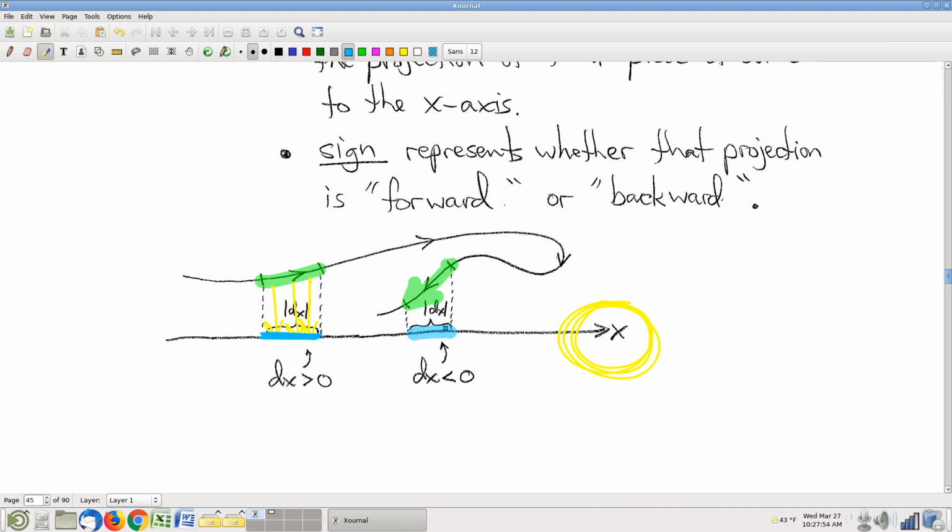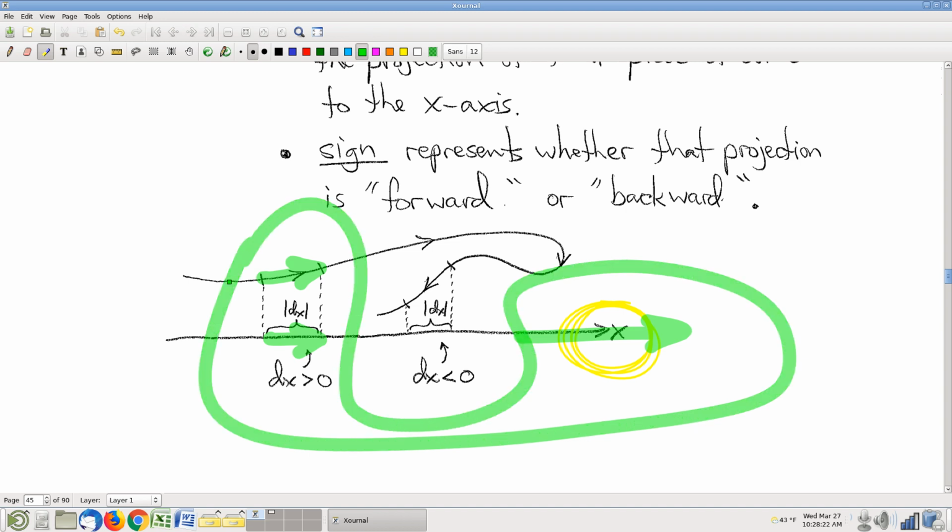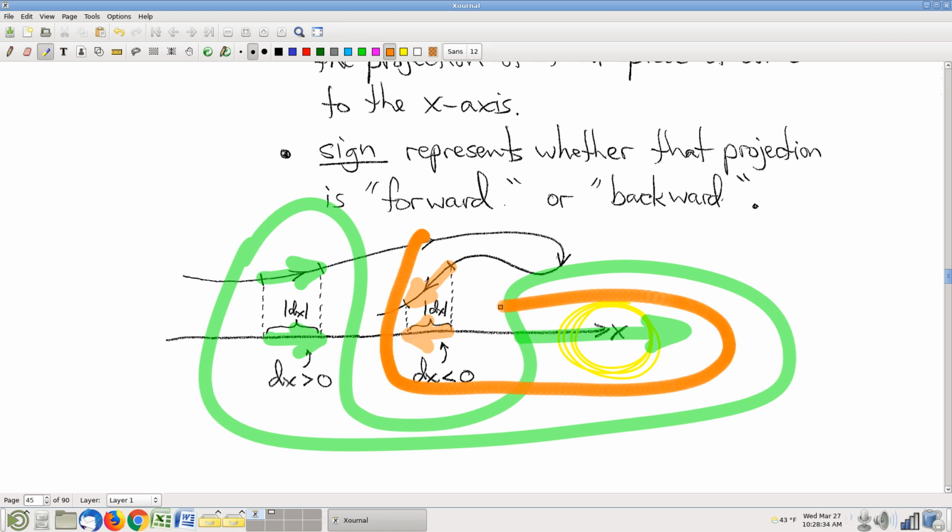Okay, all right. Now, what about the direction? Sizes are absolute values. They don't tell us which way it was going. So the other thing we're going to observe is that when you do this projection, the direction that the curve is going will either project to the same direction that the x-axis is going, or the other possibility, it will project to a direction that is opposite of the direction the x-axis is going.